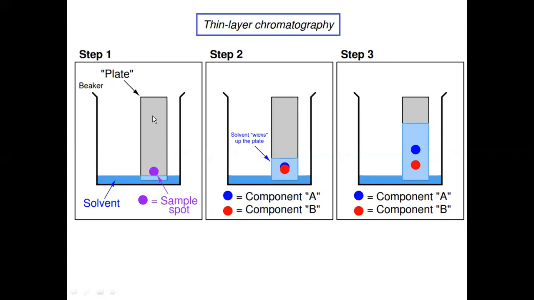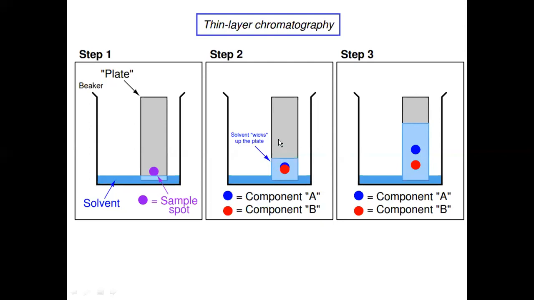Once the TLC plate is immersed into the solvent, the mobile phase present in the tank will start to move upward through the plate, by capillary action or gravity or under applied pressure or by electrical potential, whatever it is.